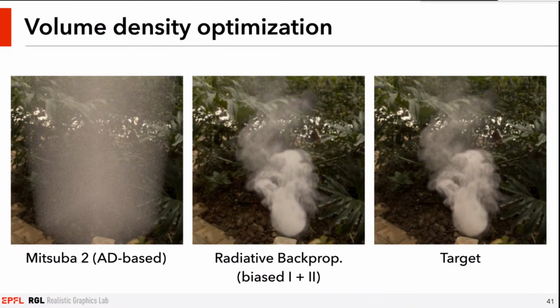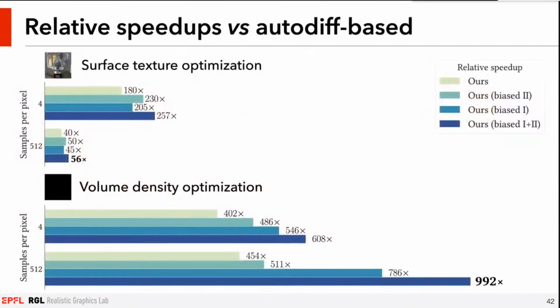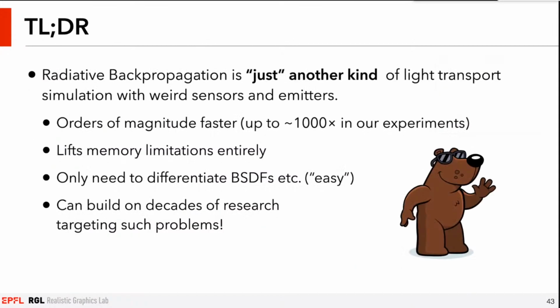The left one is extremely slow, basically in the whole time where the middle algorithm converged, the one on the left didn't even do a single step. And we can look also at some performance numbers. And in particular for this volume density optimization, it's up to about a factor of 1,000 faster. So it makes a big difference to switch to this different approach to propagating derivatives.